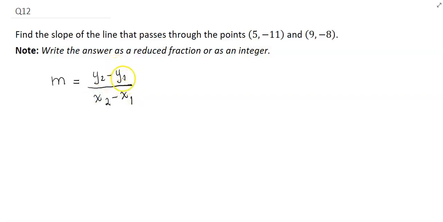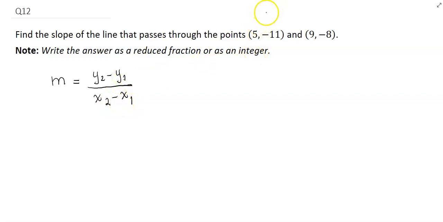Pay attention, it makes a total difference. The y's are on the numerator, on top, and the x's on the bottom. It is rise over run. Rise is vertical, and run is horizontal.